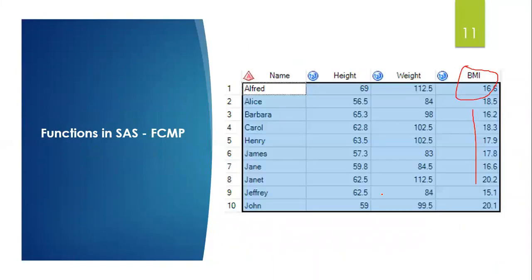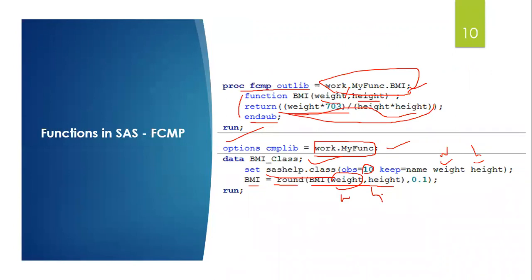Is there any benefit in using functions over macro-based derivations within data steps? It's subject to the scenario, and we cannot say that creating functions using PROC FCMP is way better, or that calling a macro within a data step is way better. It is subject to each and every scenario.